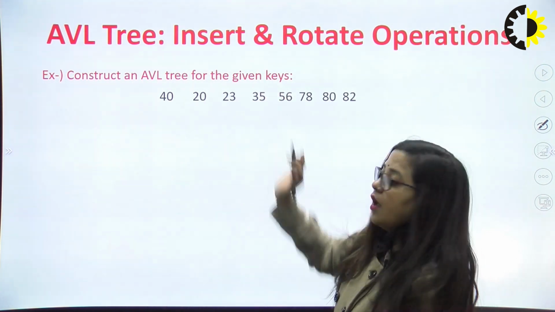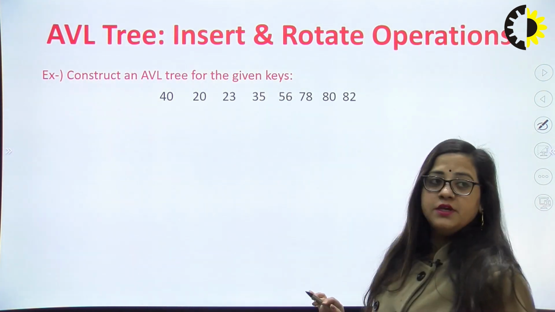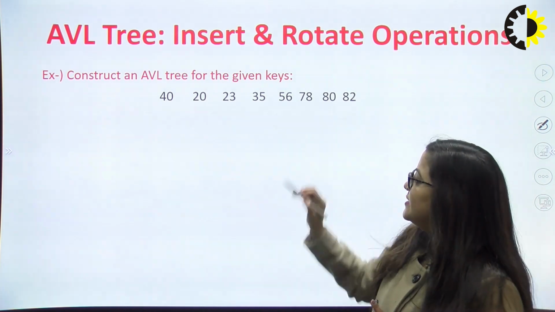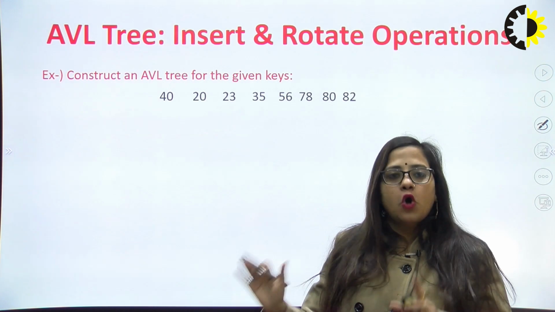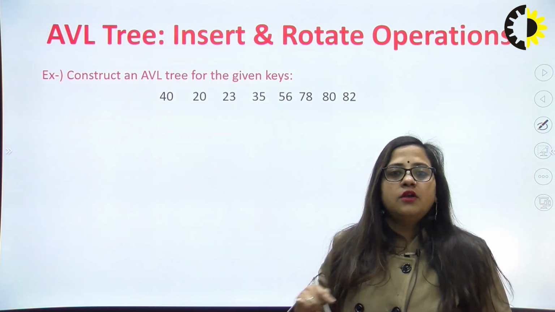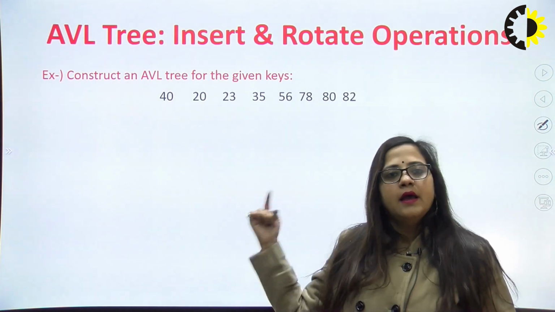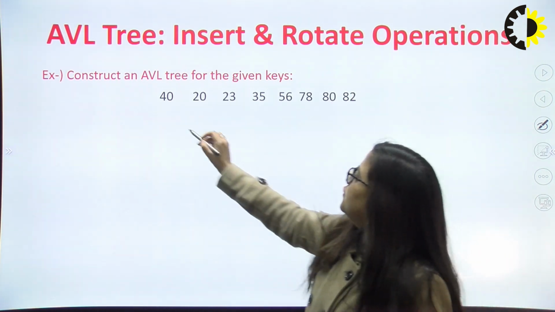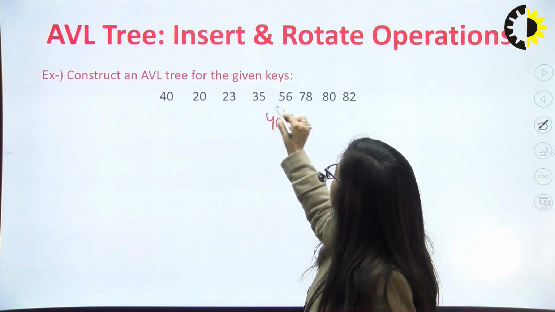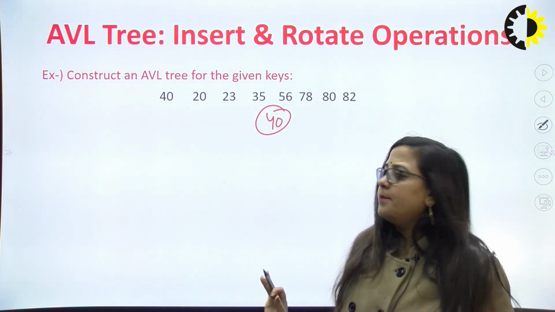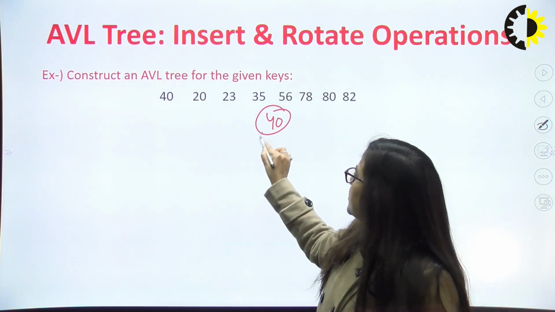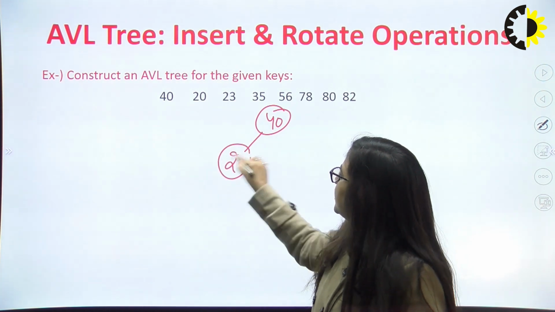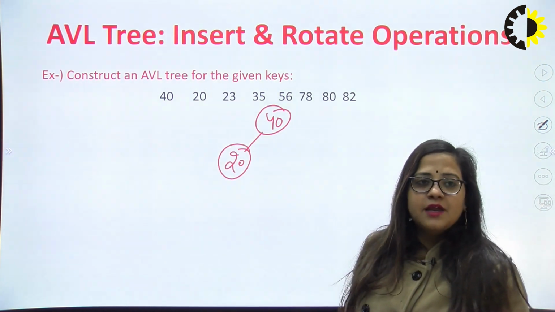How? It works on a BST and checks at each step whether it is a balanced BST or not. If it is not balanced, then check which rotation is required and apply it. So first is 40. No need to change it because there is no other element. Now comes 20, because 20 is less than 40.